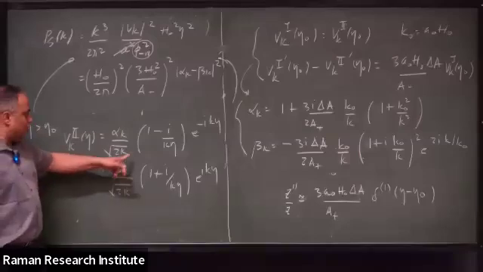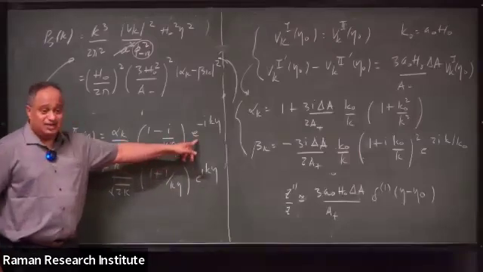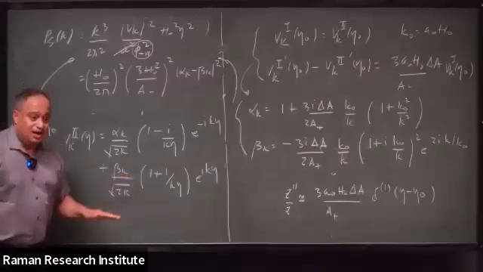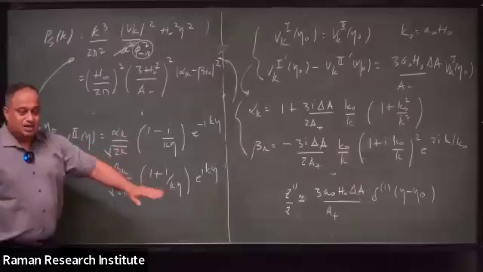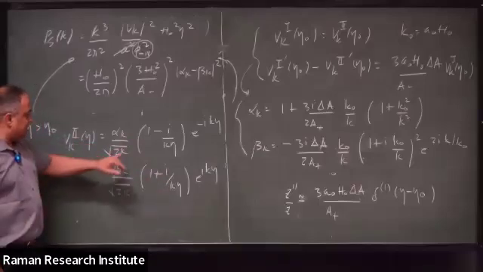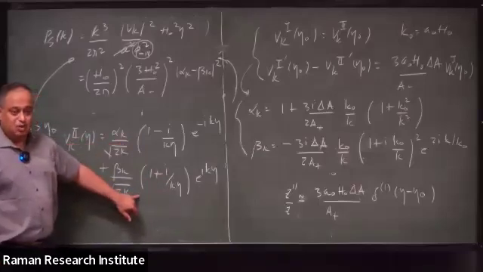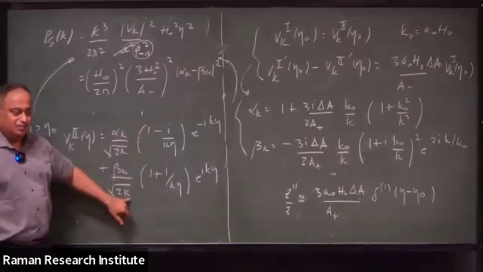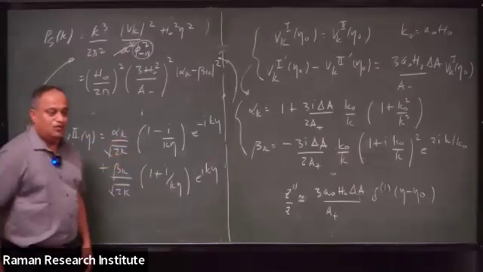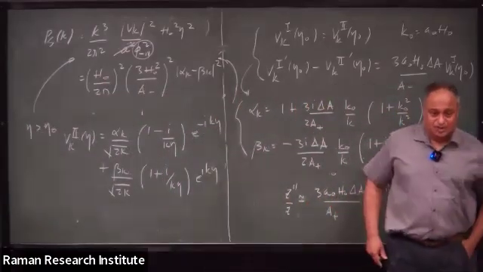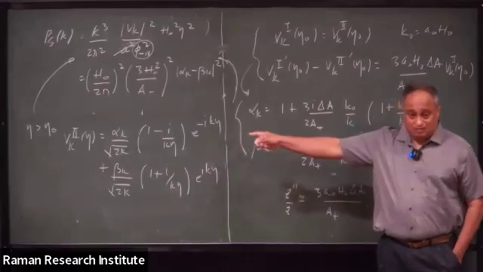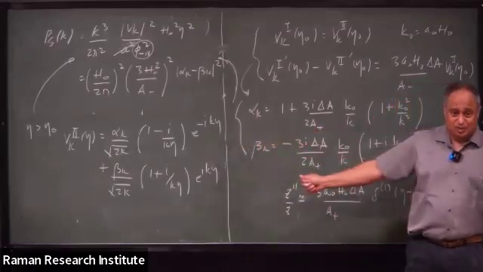It is just 1 over root 2k, 1 minus i by k eta, e power minus i k eta. Prior to that transition, that's the only part. But at the later part, because of the transition, there is a positive and negative frequency mode. I need to consider a linear combination of them. And I introduce these two coefficients, alpha k and beta k, which are often referred to as the Bogoliubov coefficients. It's a linear combination of the positive and the negative frequency mode.